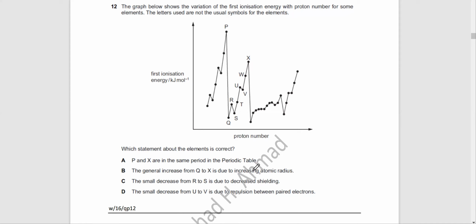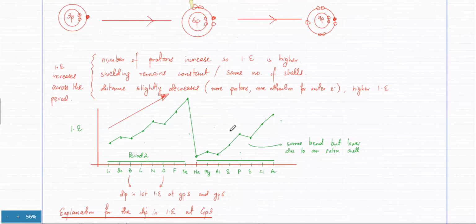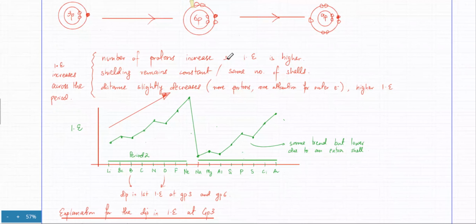And this statement is incorrect anyway because the atomic radius actually decreases across the period. This is what we discussed: across the period the number of protons is increasing, the shielding remains constant, the distance actually slightly decreases across the period.